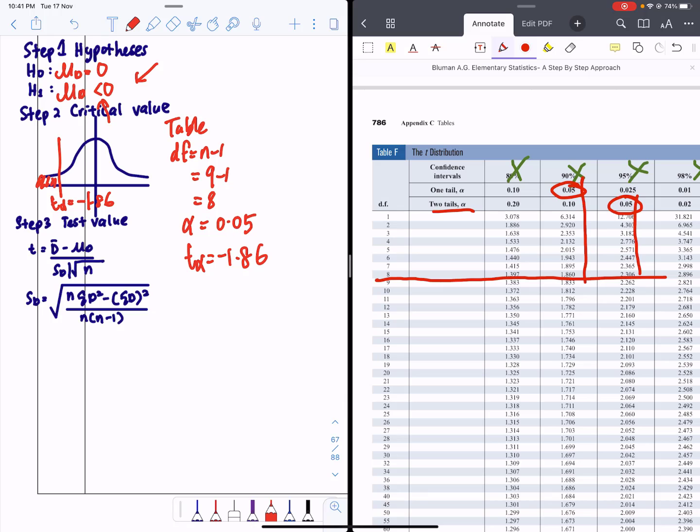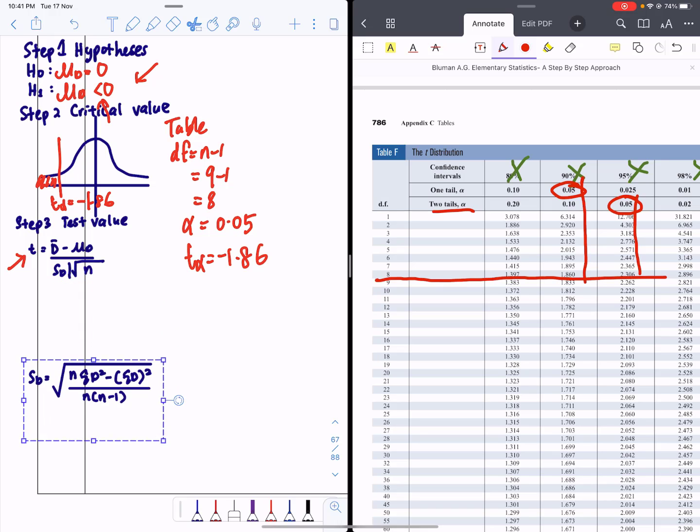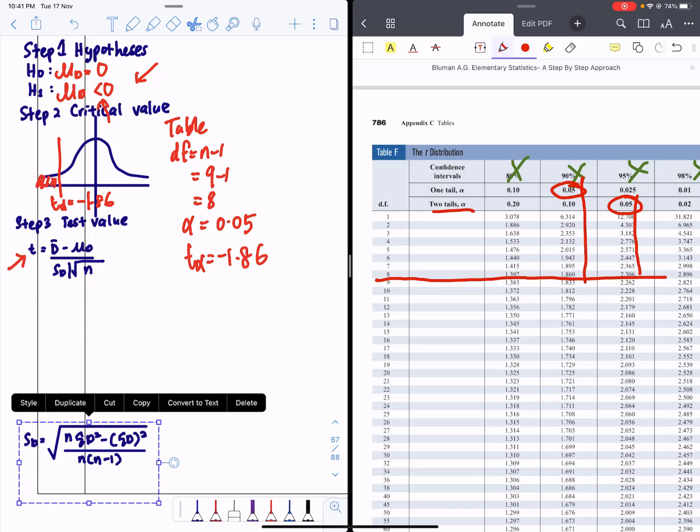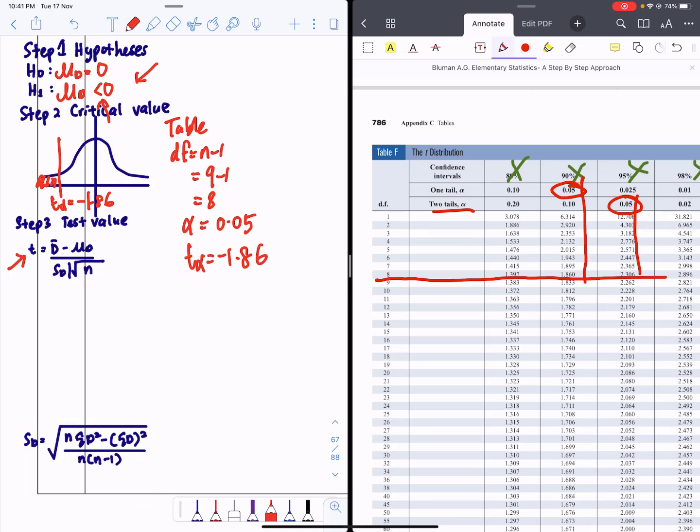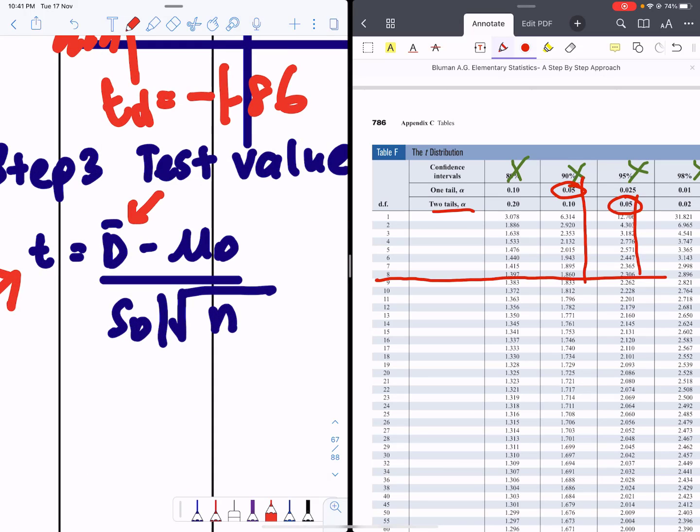Okay, and then we have this t value. When we look at this t value, some of the components inside the formula are quite unique, quite rare, that we don't know what they are. That's why we need to find them first. For example, this one. How to find this one?